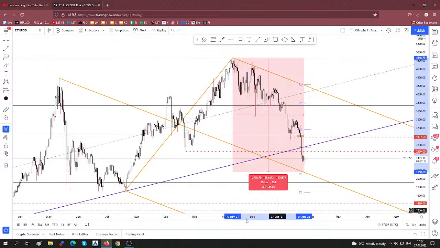From November 10th to January 24th, something like a 55.64% drop. Okay, so huge drop.